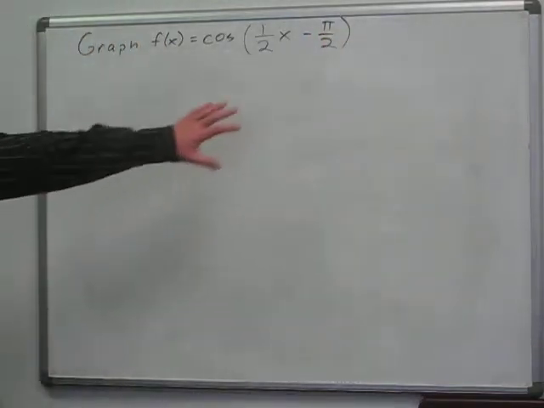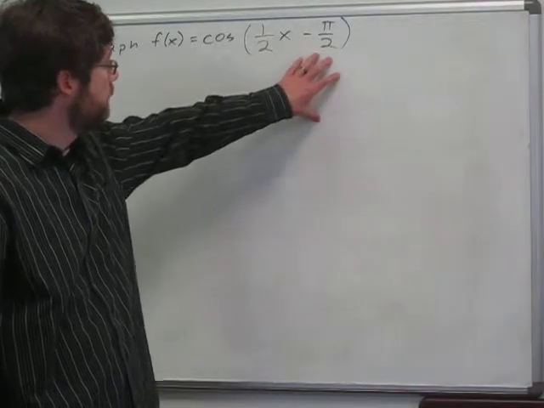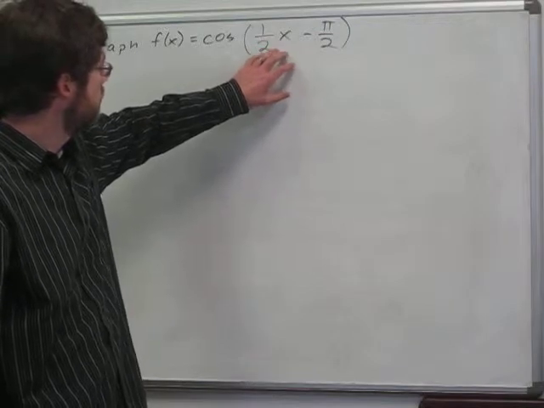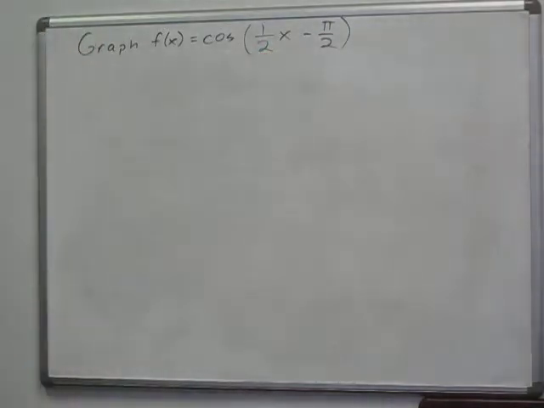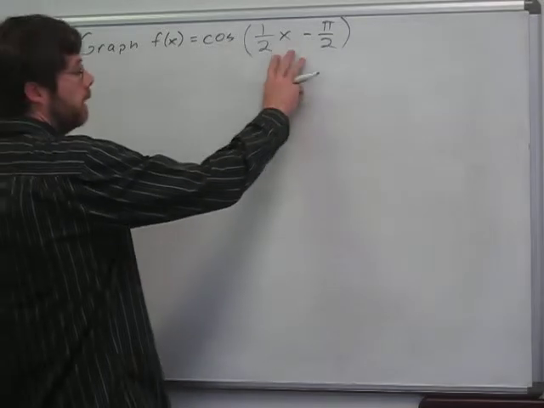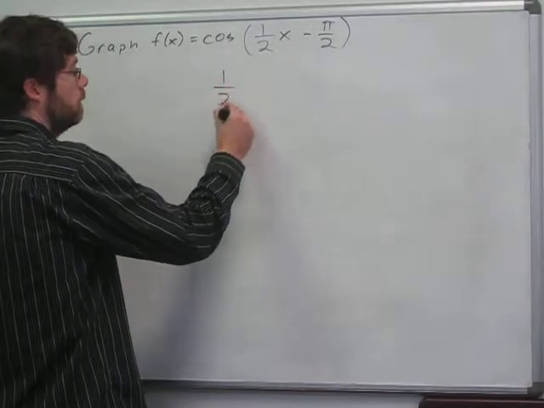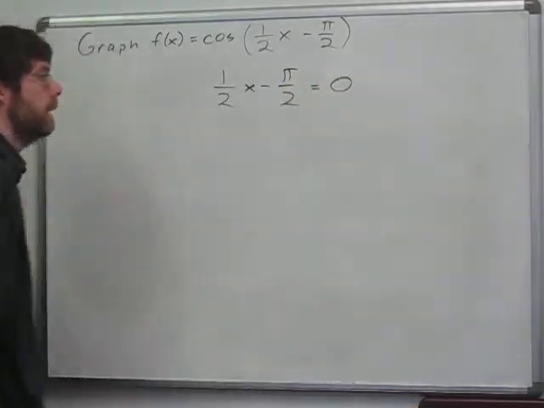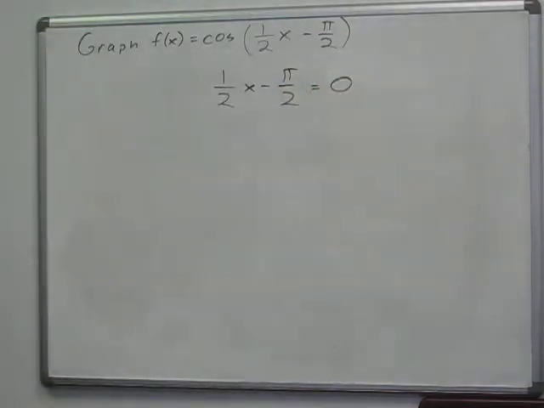So because of the minus pi over 2, we might think that the phase shift is still pi over 2, but we've multiplied x by something as well, and that is going to alter our phase shift from what we might naturally think, right? Ultimately, we want to know, when is this argument 0? Because when that happens, that's when our first cycle is going to start.